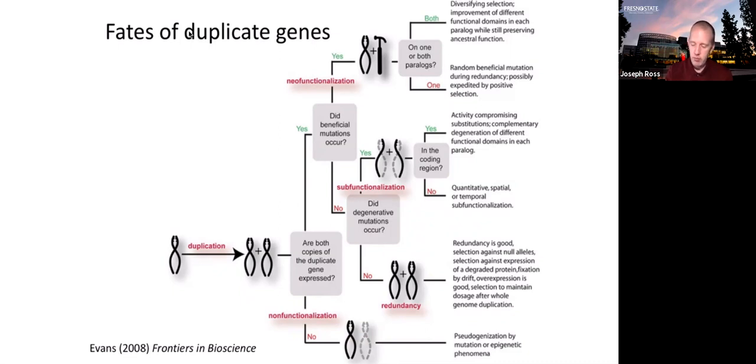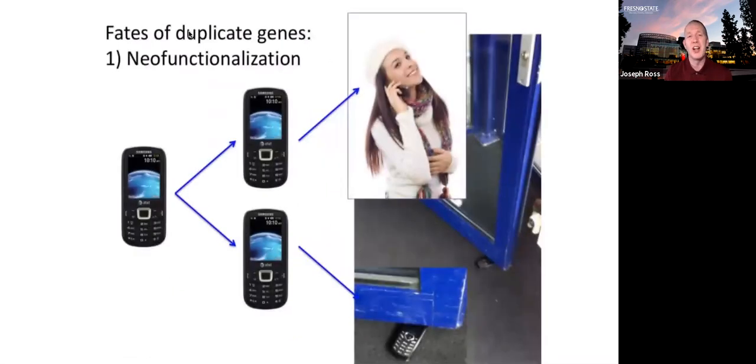Let me show you some, what I hope will be useful analogies for this. Neofunctionalization. You've got a phone. This is an old phone. I should probably update the graphics. And then all of a sudden you get a duplicate. Well, you still need that phone to do its original job, which is to let you talk to your friends. But now that you've got a second copy, you can use that for a new purpose.